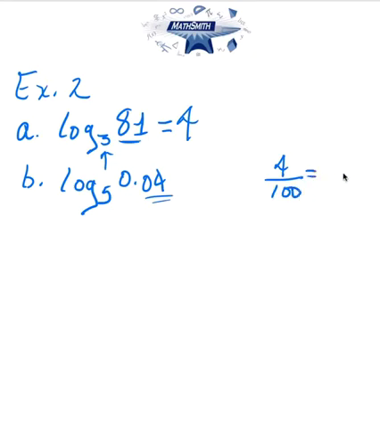And if I simplify this, that's 1 over 25. So I'm saying, what exponent would I raise 5 to in order to get 1/25th? Well, I'd have to raise it to the -2 power. So this simplifies to -2, because 5 to the -2 power would give me 1/25th, which is the same thing as 0.04.